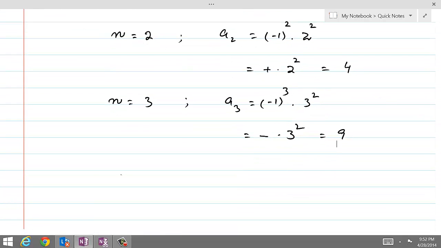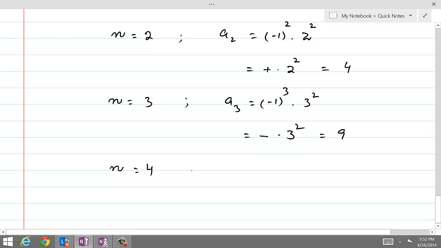And for the next term, n is equal to 4. This time A4 is going to be equal to minus 1 power 4 into 4 square. Because here minus 1 has even power, this will be positive. So this would be plus 16.